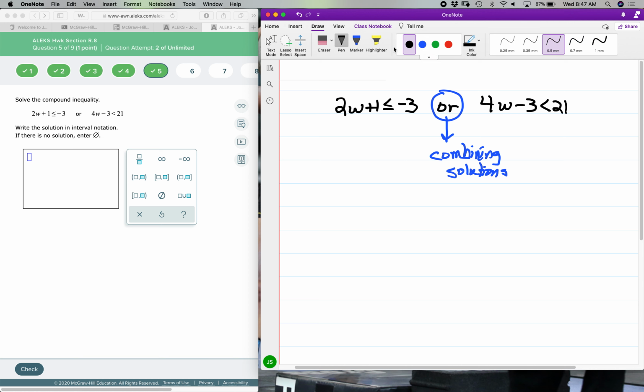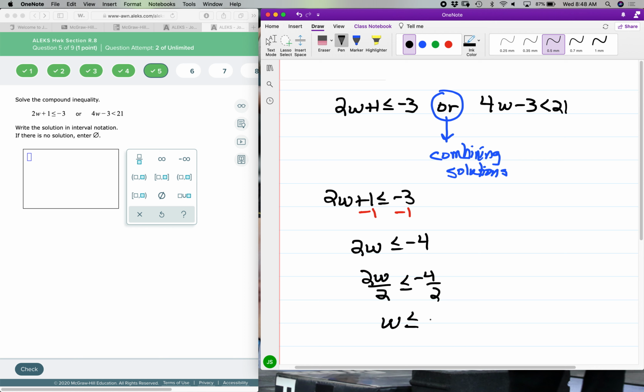For the first inequality, 2w plus 1 is less than or equal to negative 3. To isolate the w term, I take 1 away from both sides, so I have 2w is less than or equal to negative 4. With division by 2, we have that w is less than or equal to negative 2.